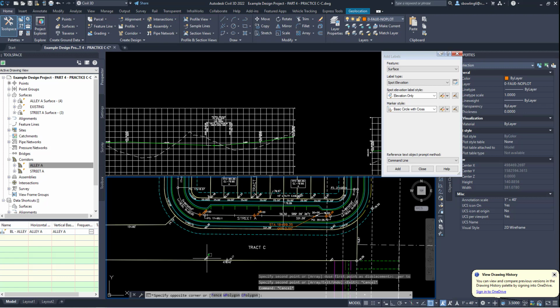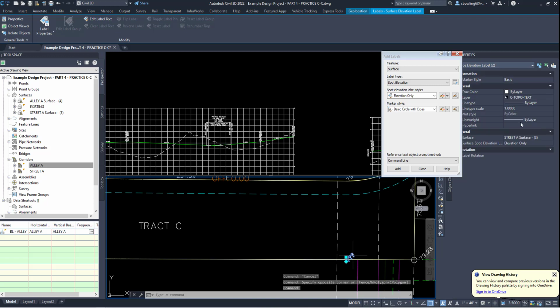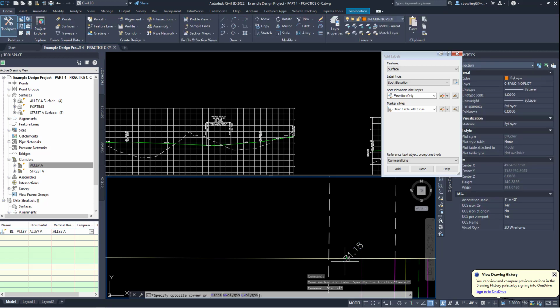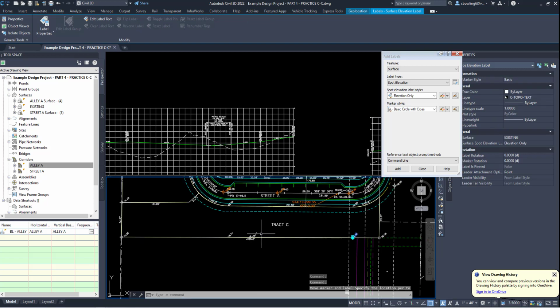And I'm going to change this, see how it doesn't have the question mark. If you ever see question marks, that means there's no elevations associated. I'm going to change that to existing. Make that one go perpendicular so it's right on the property line, because you have to tie back into the existing grade.